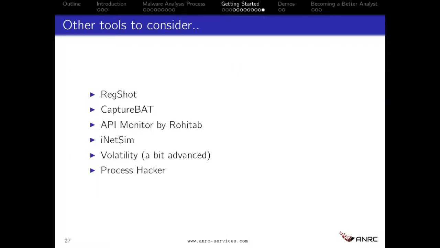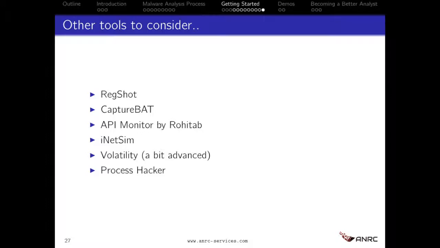Now, you have a few other tools you might want to look at that I'm not going to get into in this presentation. There's Regshot, which will take a snapshot of your registry before you run the malware, snapshot afterwards, and then you can do a diff on them to see what's changed. CaptureBat will install basically a kernel-level monitor that shows you all the events on the system, registry and files and network activity.